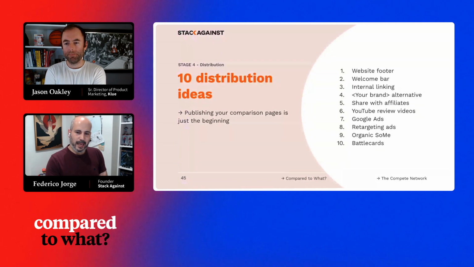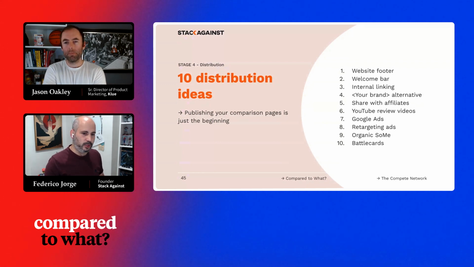Right. That visitor is not lost. That lead is not lost. Maybe they're considering you, they're evaluating you, but they haven't made their decision just yet. And one of the reasons is probably because they're still trying to figure out which of these alternatives is a better fit for them, right?